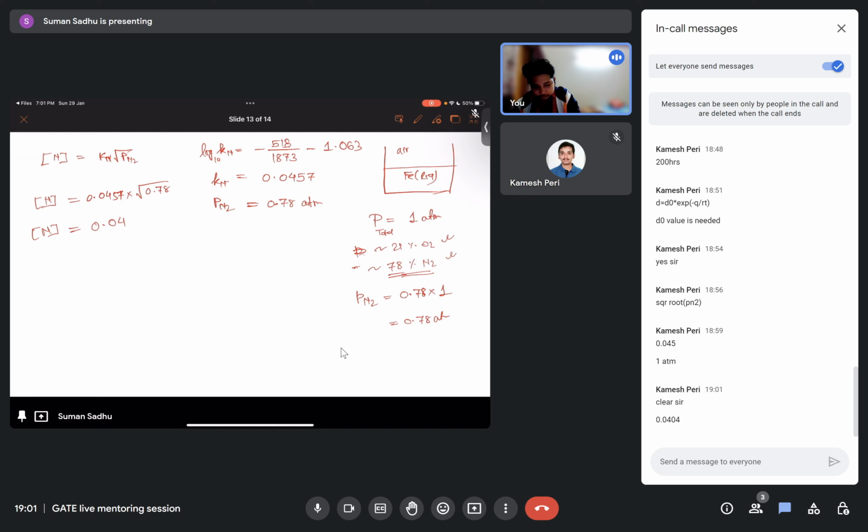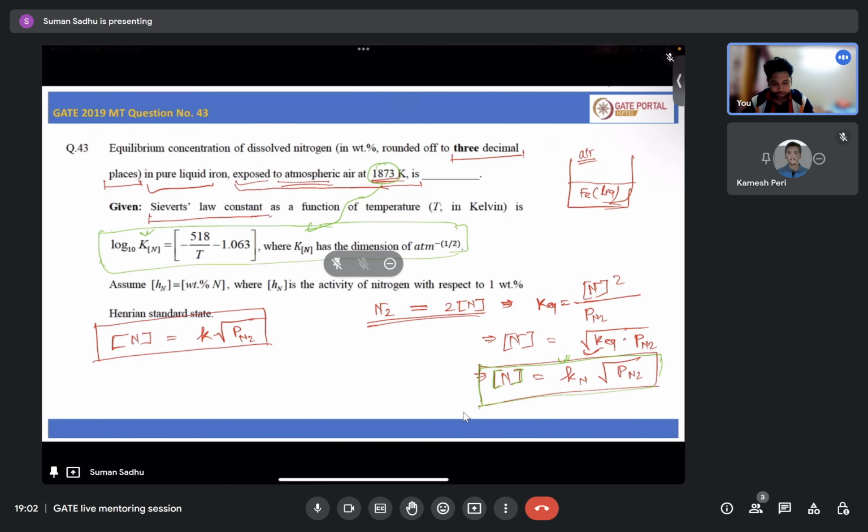So 0.0404, up to 3 decimal points, we can write it as 0.040. So the correct answer will be 0.040. So is it clear?